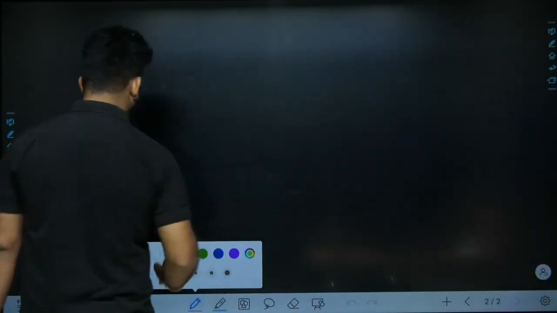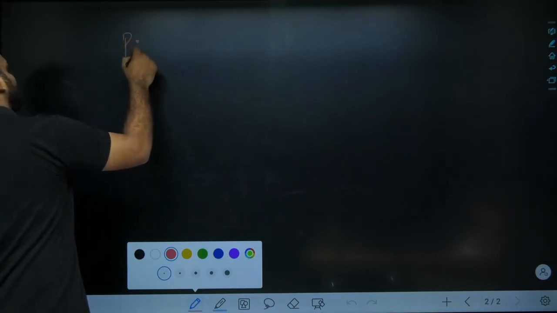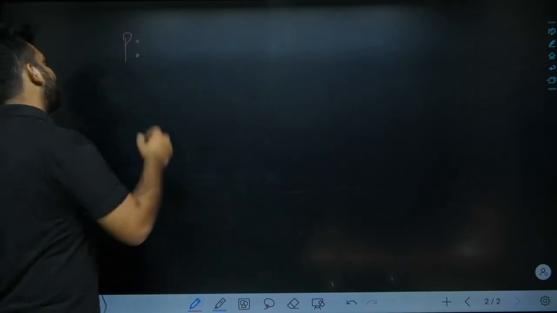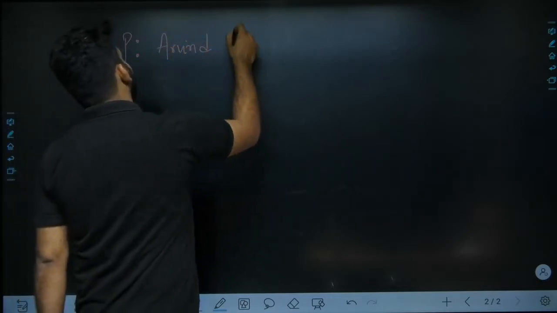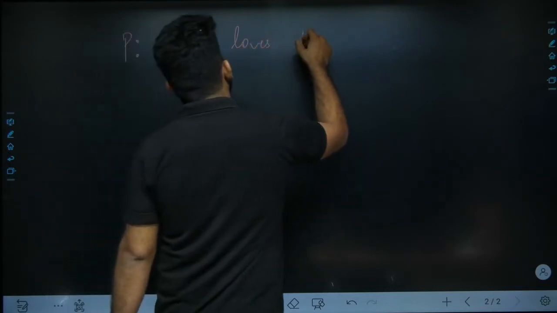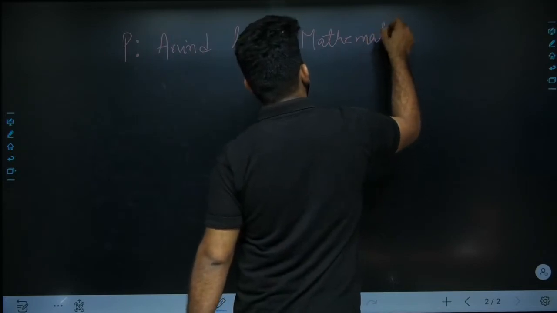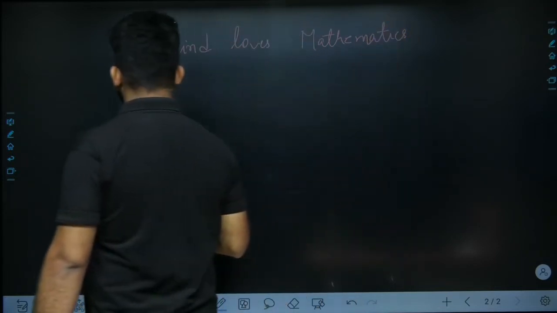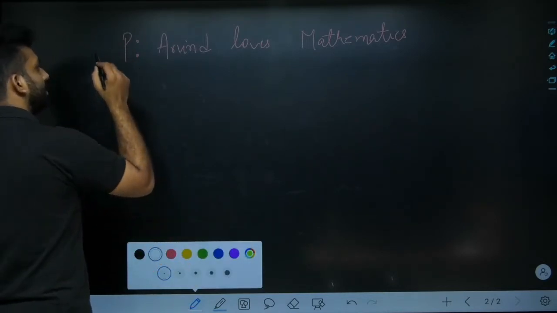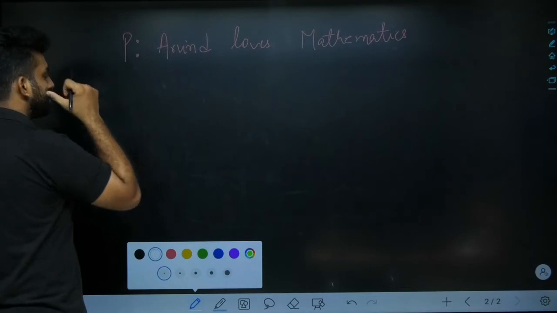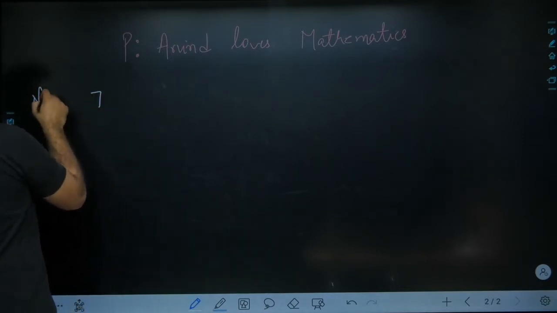If there is a proposition, let's say P, and P says Arvind loves mathematics, how will I write the negation? Basically there is an important word for the not, that is negation.